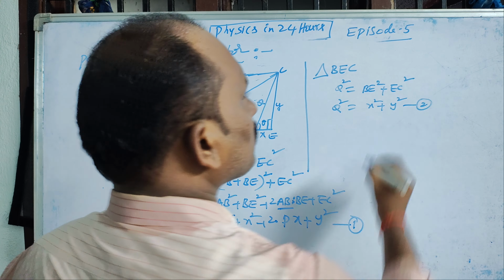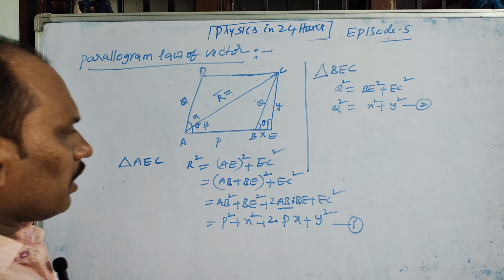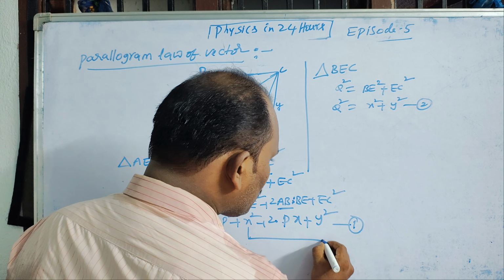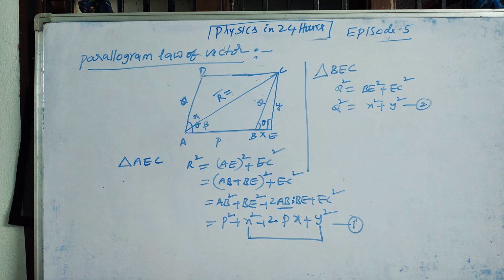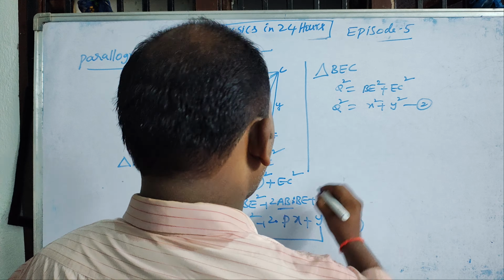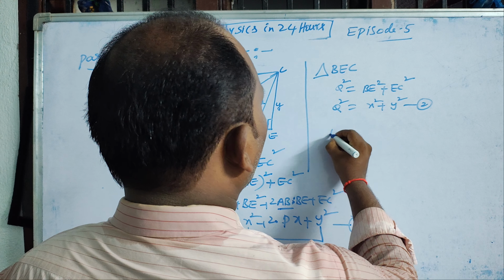Let us call this equation 2. Observe this diagram, guys. Instead of x square plus y square, how to handle it?